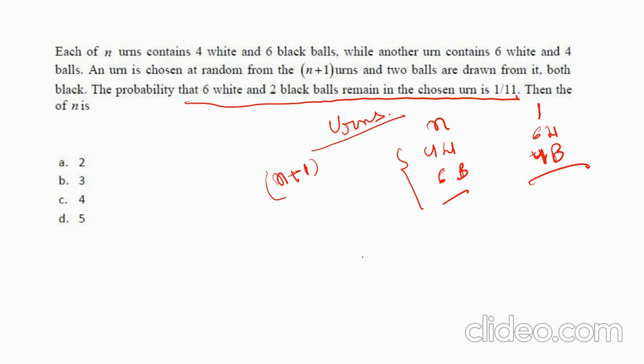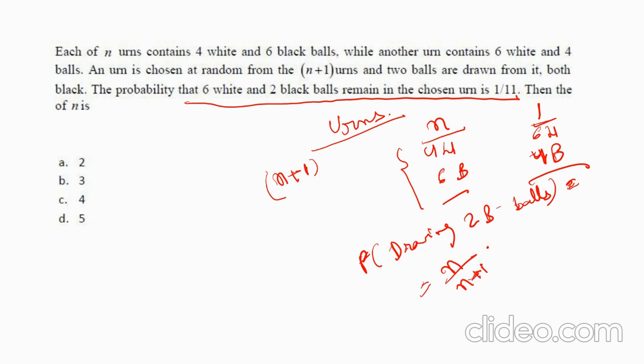So firstly, we have the probability of drawing or taking two black balls, right? Now, these are n urns, and this is one urn. So choosing these urns will have probability n upon n plus 1, and choosing a black ball from this will be 6 upon 10.